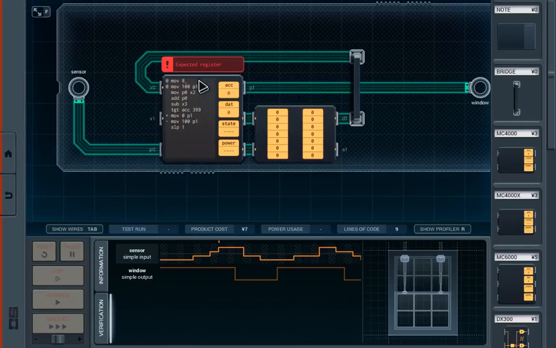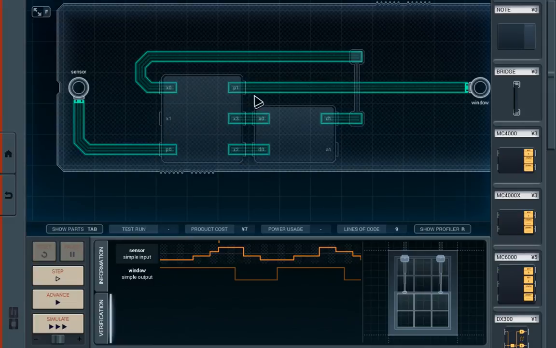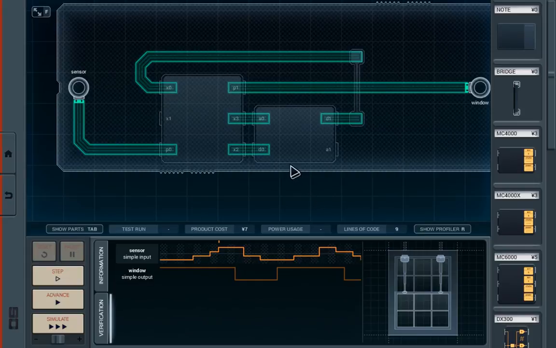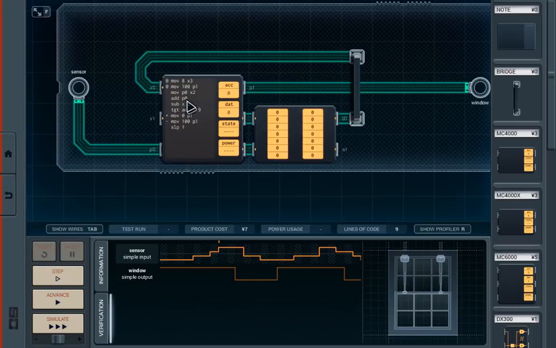Hello, space. There we go. X3. Okay, so are these wires all correct still? No, we're going to have to move some stuff. Move P0 onto X2, that's the right place. Add P0, that's right. Sub X3 is wrong. We want X0 now, yes. And the rest of that looks right.